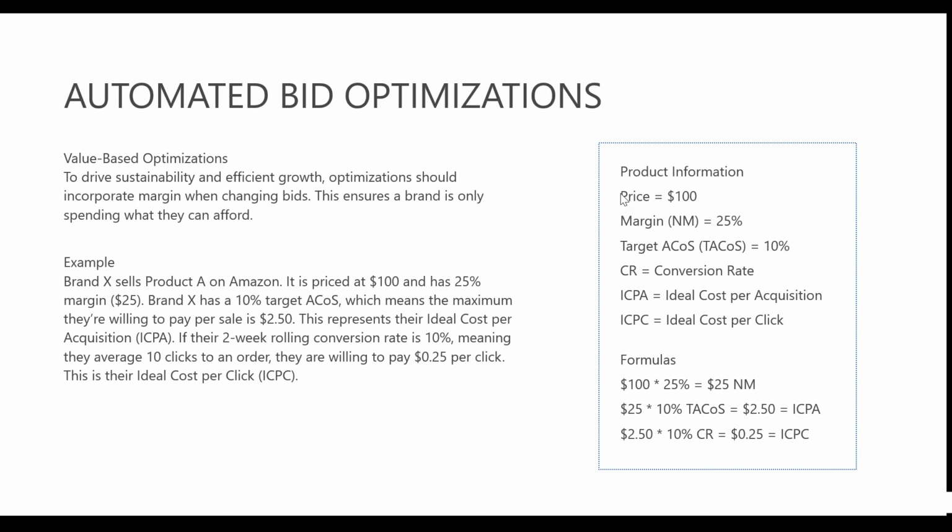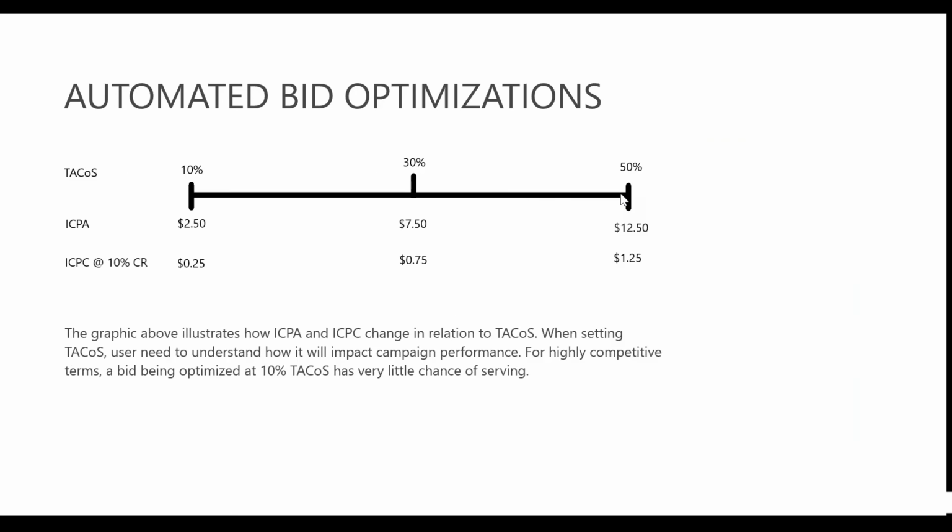Not very competitive, right? If you're willing to spend 25 cents per click, you're probably not placing in a lot of auctions. So a lot of the conversations I have are about setting a realistic target ACoS. We can see at the top, if they were to set a 10% target ACoS versus a 30 versus a 50, what the ideal cost per acquisition is for each one, and assuming a 10% conversion rate constant, what they're willing to spend per click.